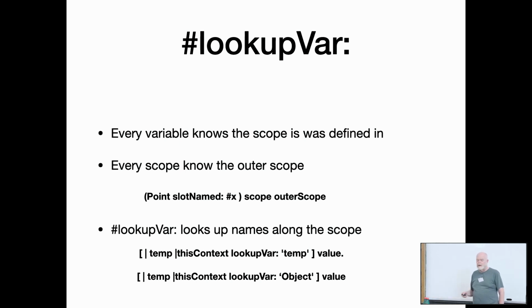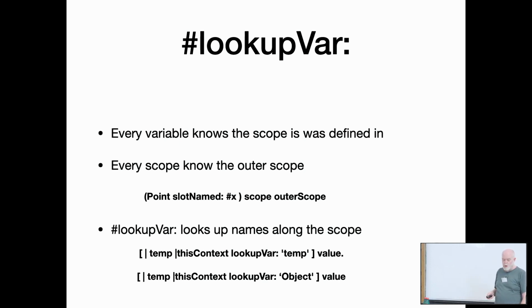And with that, we can look up variables with lookupVar. So for example, if you do this, you get the scope of the slot x, and it is Point class, but the outer scope of the Point class is Smalltalk globals.